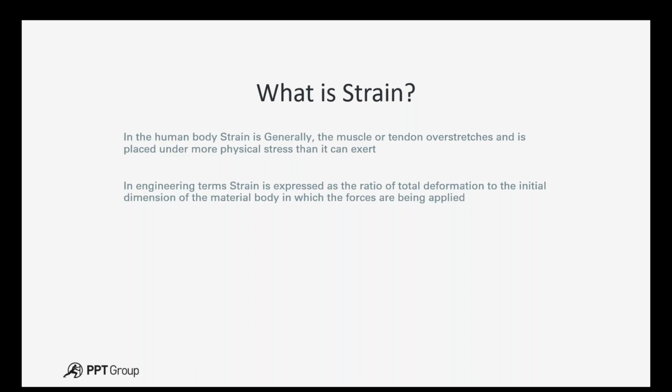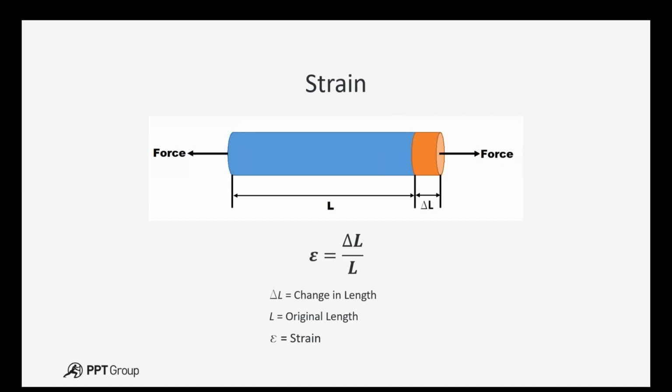And in its simplest terms, we apply a force, we get a change in the physical length or the height of the sample, and we look at the ratio of this change over the original length of the sample. Hence we can develop the strain.